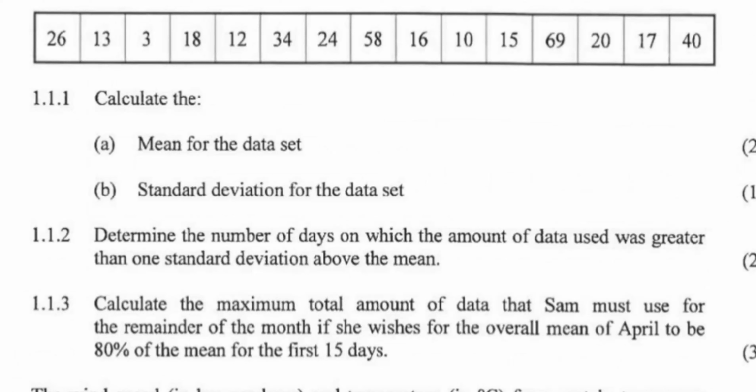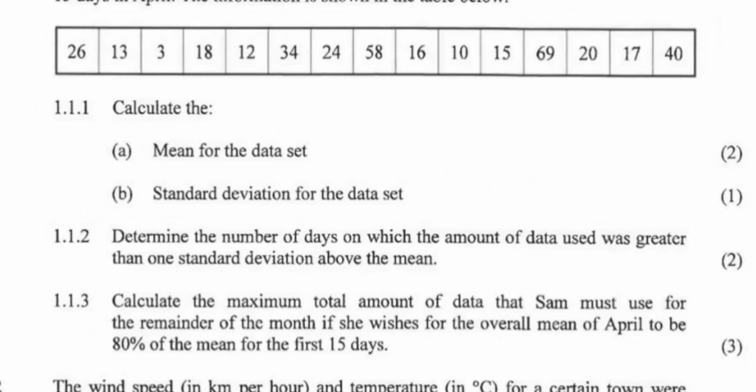Okay, guys, I want you to reread this question and then attempt it yourself. It's 3 marks. And I'd like to hear from you your methods after calculating your answers. So I'll give you a chance now to go ahead and work that out.